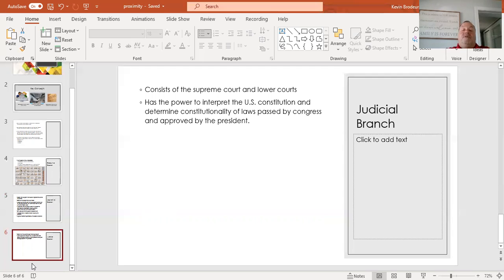The 9-member Supreme Court then looks at that law from the context of, is that law in line with the US Constitution? They can come back and say, no, this law is unconstitutional and therefore has to be thrown out. Or they can say, this law falls in line with the intent of the Constitution and therefore will stand.